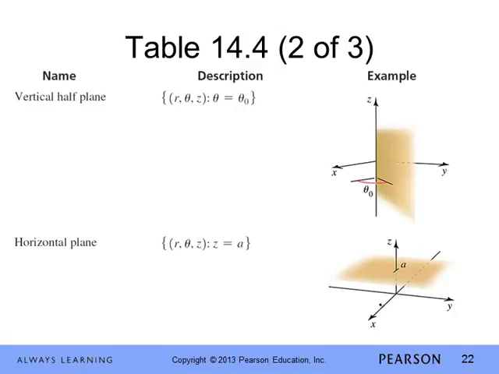You could have a horizontal plane like this, where the z variable is fixed, independent of the angle, so z equals a is the equation for that plane in cylindrical coordinates. So you could see that there are some advantages. Now, z equals a is the same thing as z equals a in both coordinate systems.